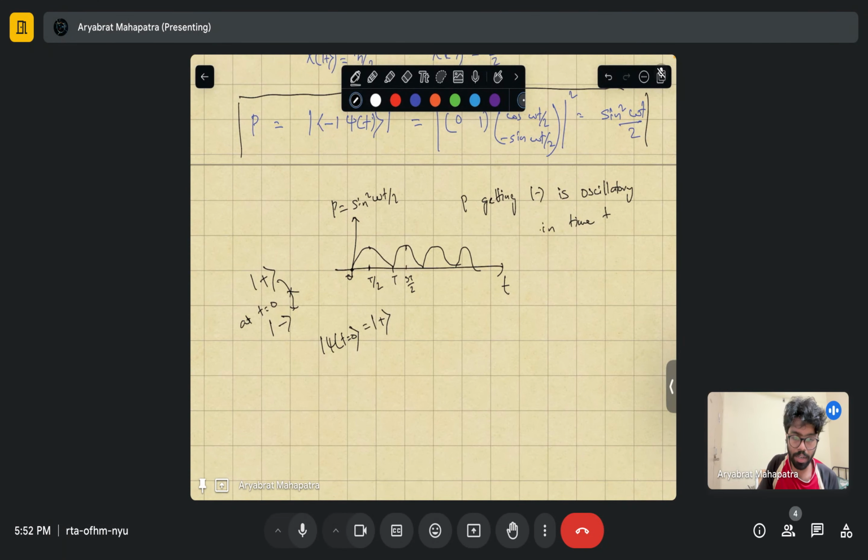Because you have both the operators Sy and Sx, whatever the state of your Hamiltonian would be, it must be related to both Sx and Sy.